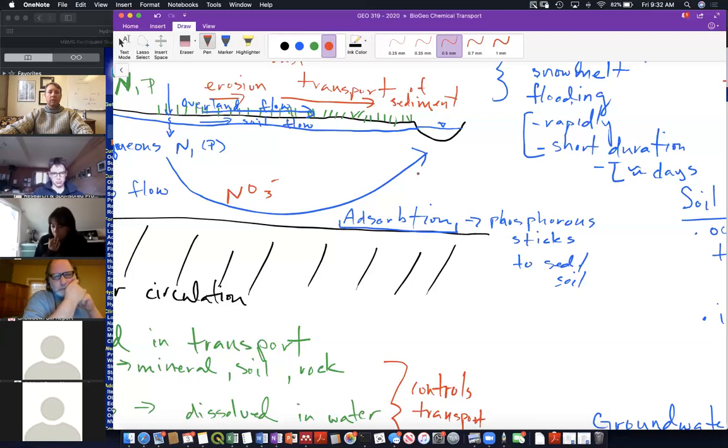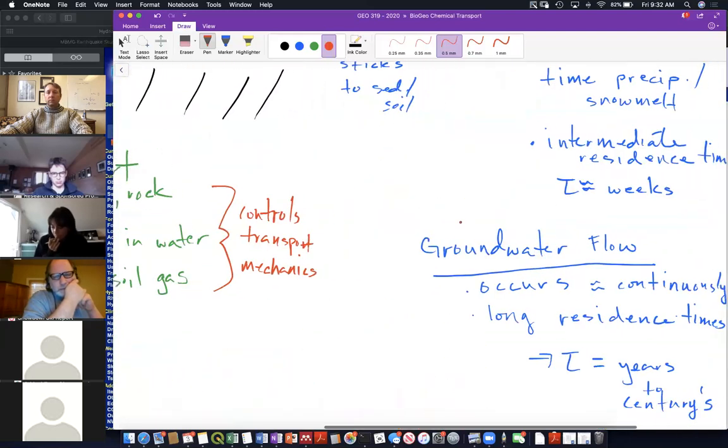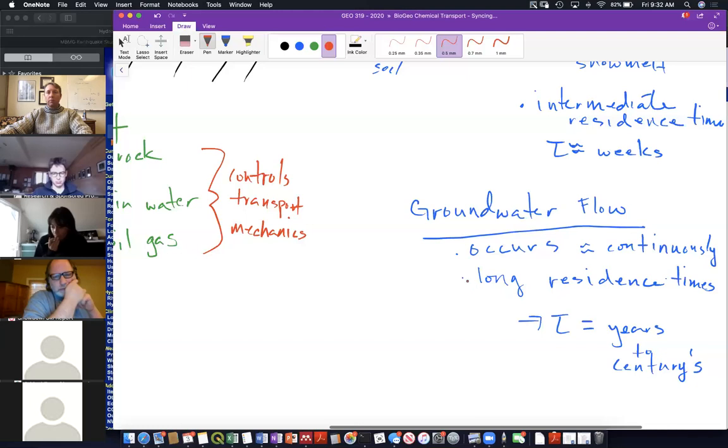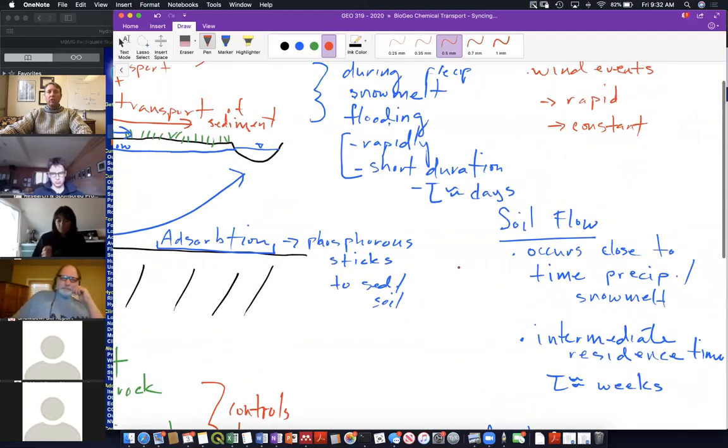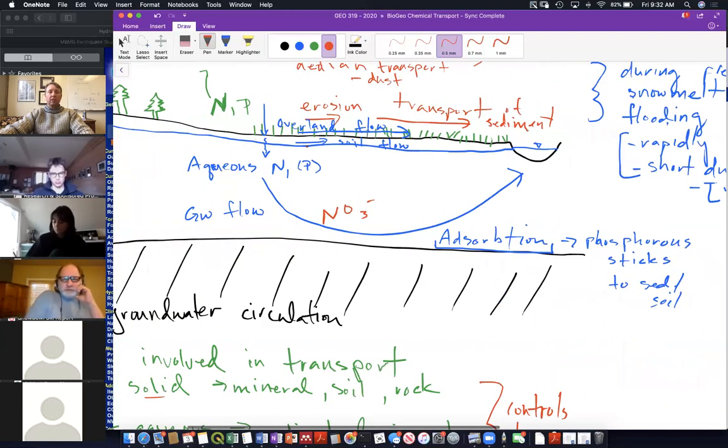So this is a really important point. When we try to do things to fight eutrophication, we have to think about how long each of these processes will take to affect our water quality.